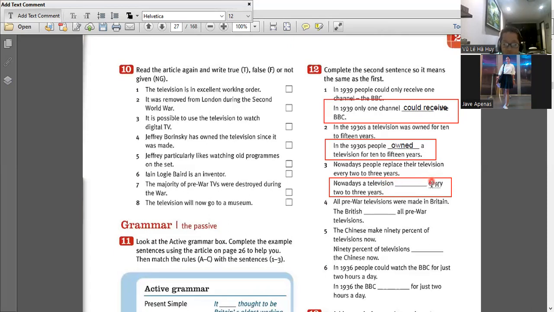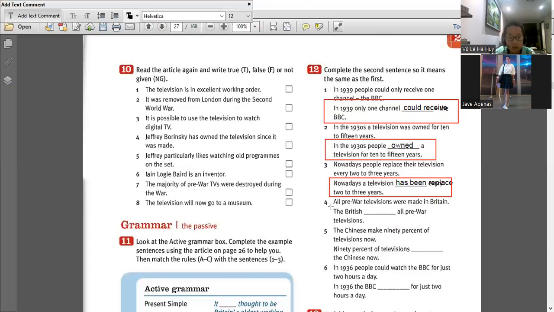We're not gonna use the past tense there. So we're gonna say has been replaced every 2 to 3 years.